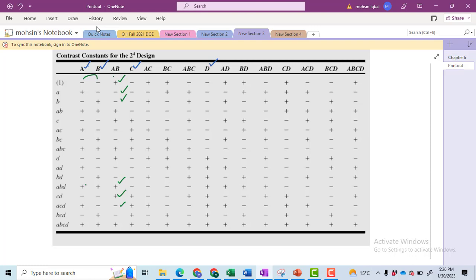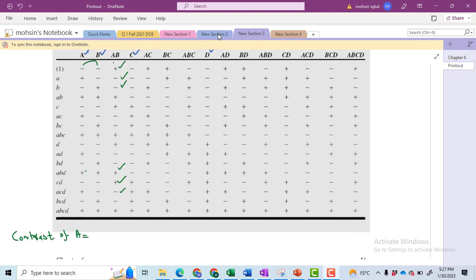Let's make a contrast for AB so that it will be clear to you why we are making this whole table. In order to make the contrast of A, first of all I will have to check this whole column A, and see which of the terms, just like A, AB, AC, have the positive sign and which of the terms have a negative sign.